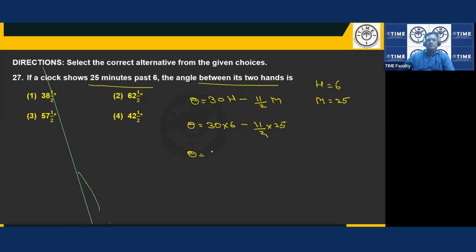Then theta is equal to 180 minus 137.5. Then theta is equal to 42.5 degrees. 42.5, option number 4.